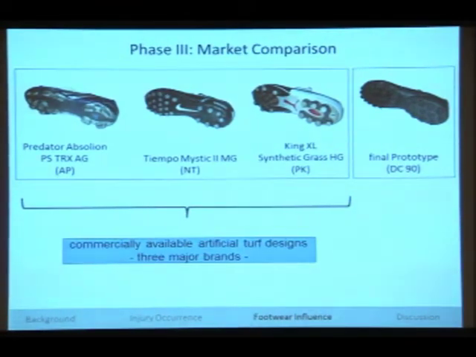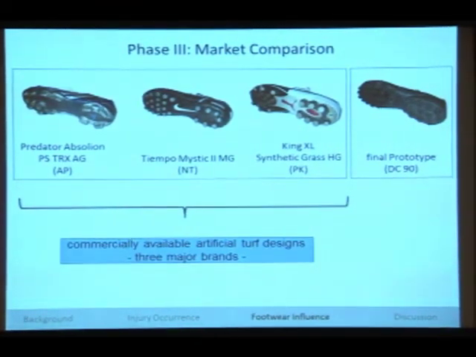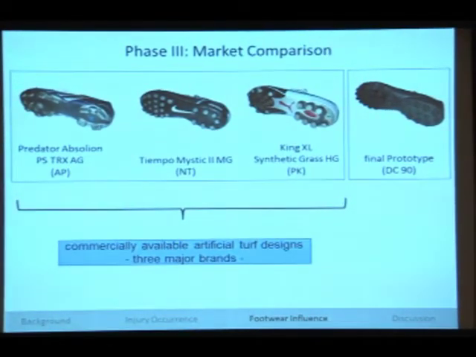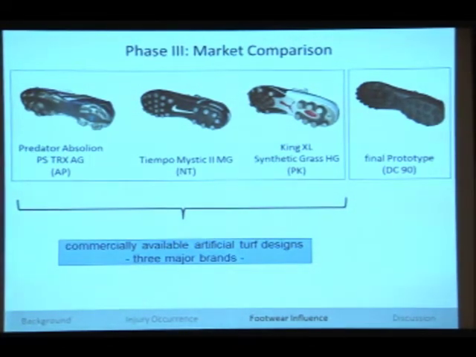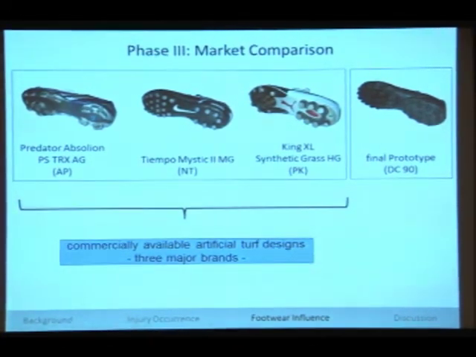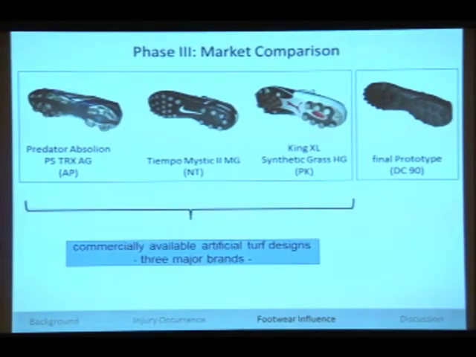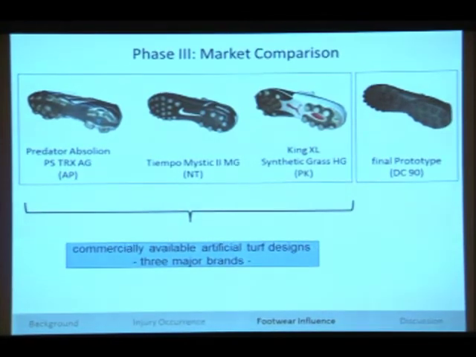A problem you have with the market comparison is that you are only able to come up with a comparison with the shoes of the competitors that are already on the market. So it's not a very valid market comparison in terms of what will be released in the next year, but still we included this one as a Puma shoe at that time.